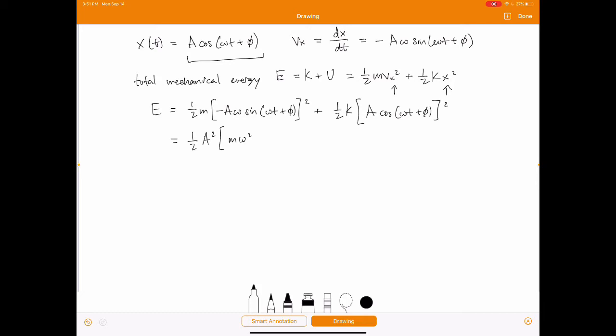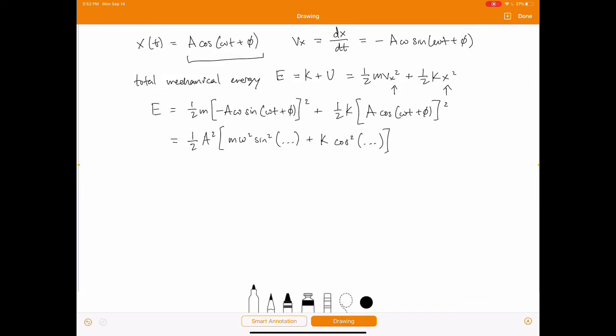So we have m times omega squared, and then sine squared of omega t plus phi, but you know what's inside the sine function, so I'll just put dots. And in the second term, we already pulled out a factor of 1/2 A squared, so all that's left is k. And then we have cosine squared, the same thing. I'll just write dots like this.